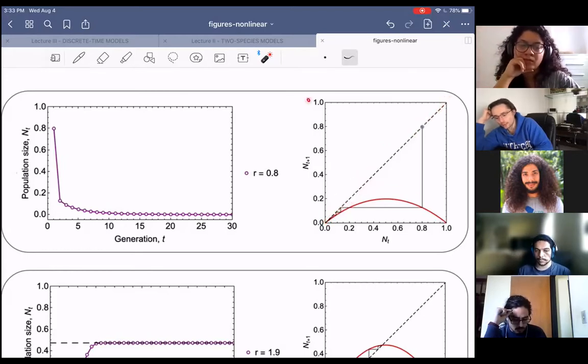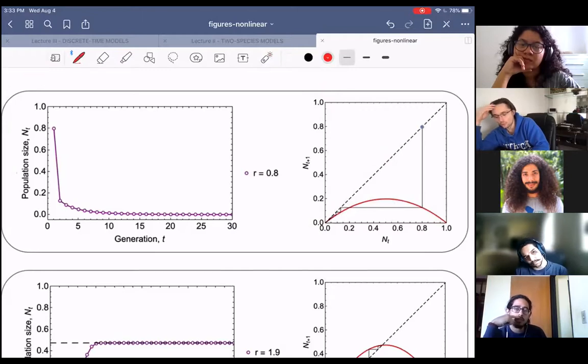I am using a domain that goes from 0 to 1 because my map is self-contained in [0, 1]. And then in red, I am always going to show you the parabola, the overcompensation growth rate, if you want. So mu x (1 minus x). As you can already see, as I play with mu, I am going to change the shape of that parabola.